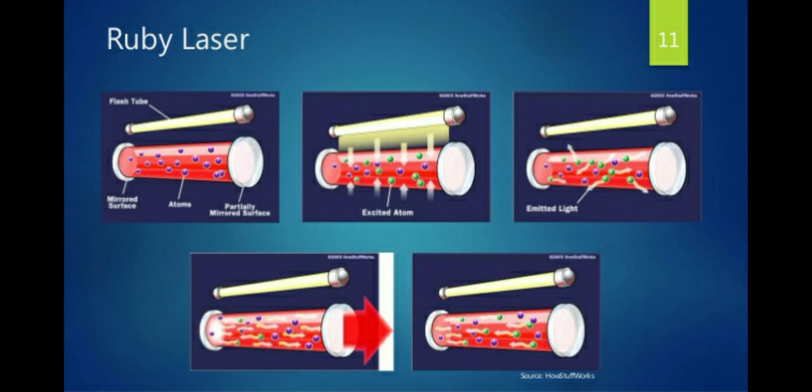Once it gets the flash lamp effect, it will try to hit the other electrons. When it moves continuously up and down, it will be touching the fully mirrored area and partially mirrored area.